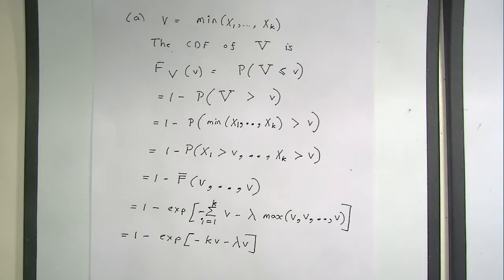Any questions on this, guys? This is clear to all of you or not? Yes. All right. So that's part A. Part B is to derive the corresponding probability density function of V. I'm going to do that now.